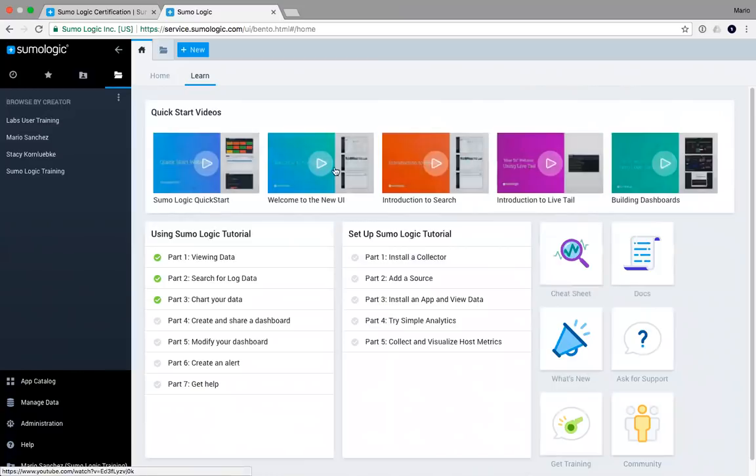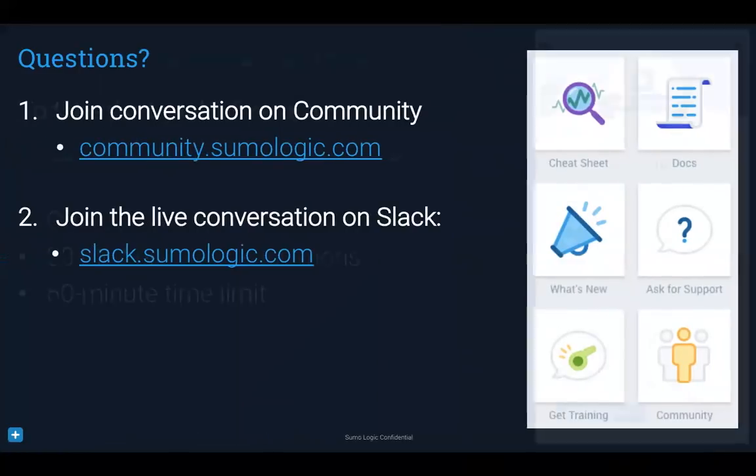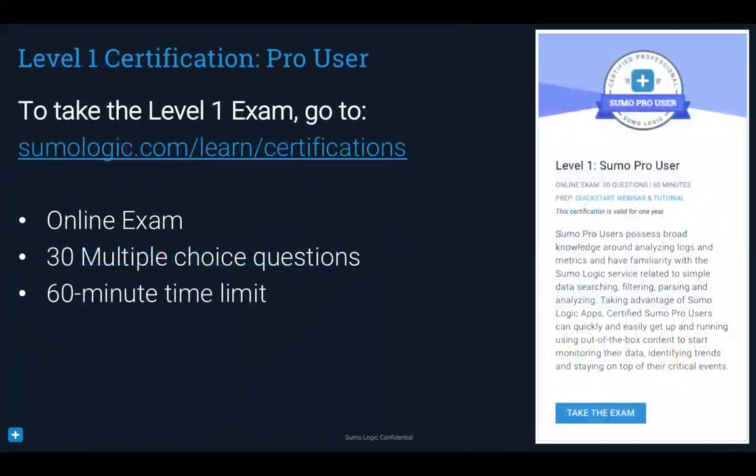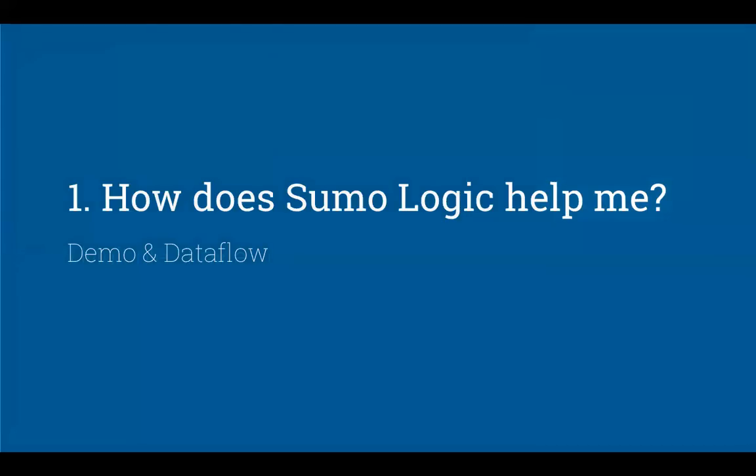It has links to previous videos. Perhaps you want a quick intro to search or a quick intro to Livetail. It also has cheat sheets, documentation, support, what's new, community, training, and the tutorials that I was talking about before. Encouraging you to take the exams.